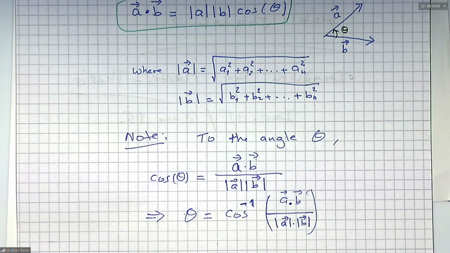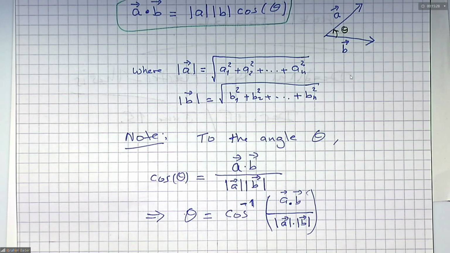It could be degrees or radians, so just make sure that if you want it in degrees, it's set correctly. Usually in calculators, there's a button you can use to switch back and forth between degrees and radians. Any questions so far? No questions? Okay.